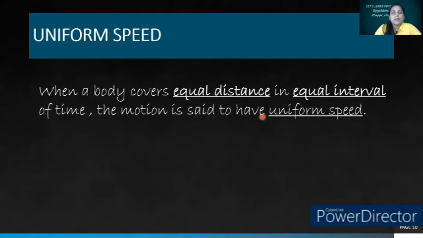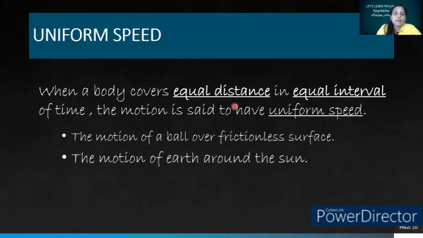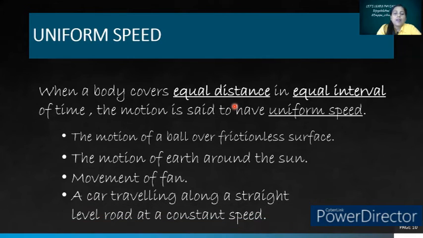That means here we can say that a body is covering equal distances in equal time intervals. Examples: the motion of a ball over a frictionless surface, the motion of earth around the sun, movement of a fan, a car traveling along a straight level road at constant speed. They are all examples of uniform speed.